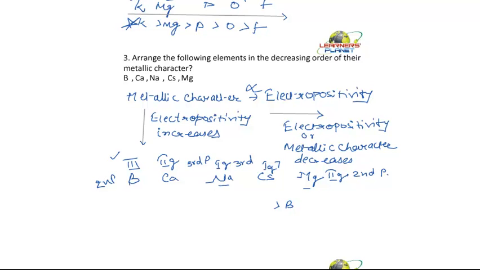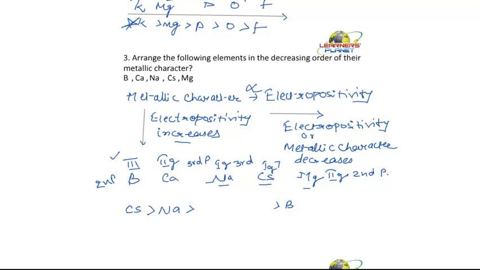First group, we have got two elements, sodium and cesium. What happens to the metallic character down the group? It is increasing. So which will be most metallic? The first group and the last element, that is the cesium, would be the most metallic element. Then would be what? Again the first group, that is the sodium.